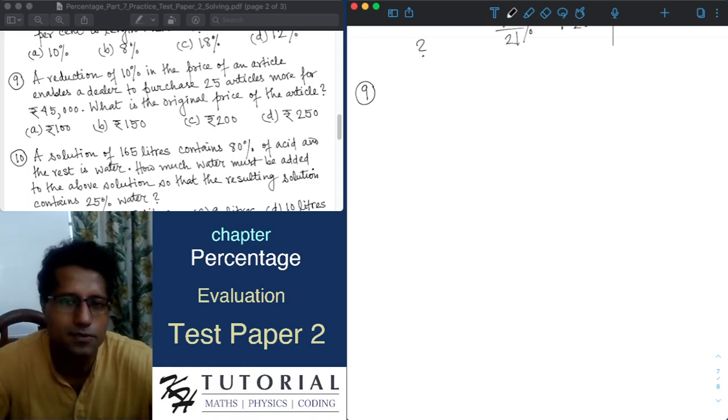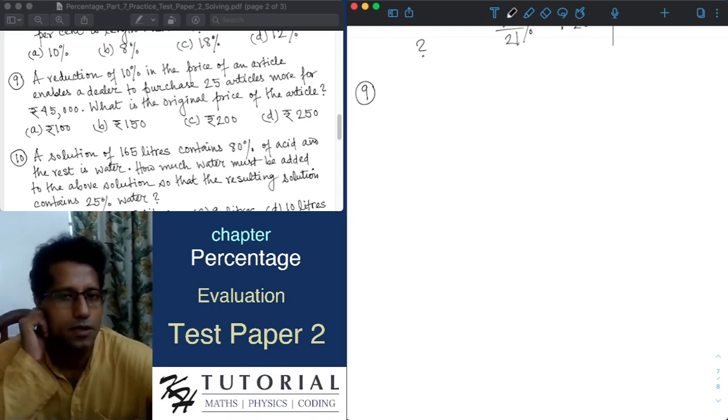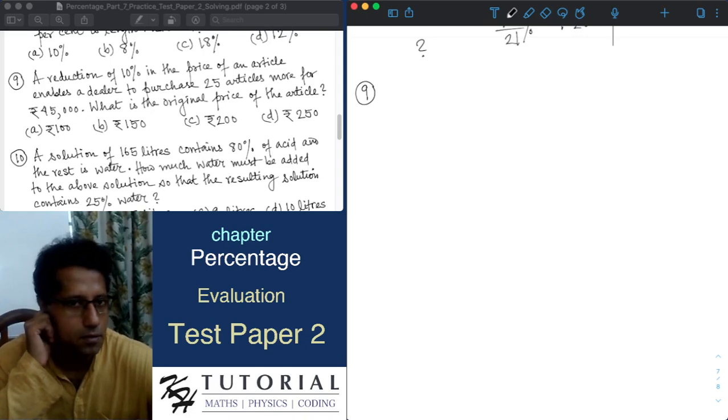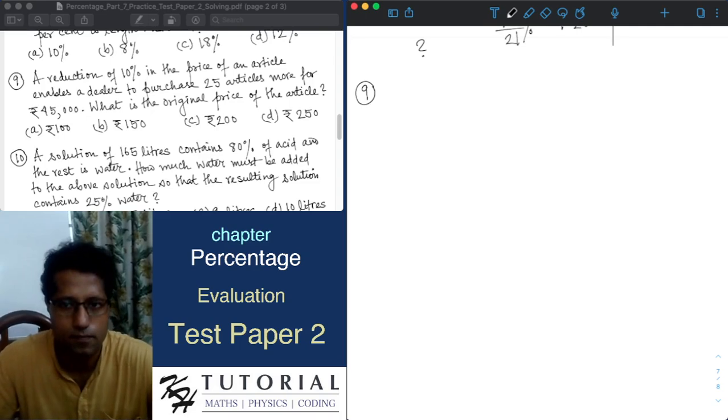So the dealer is buying 25 articles for 45,000, which means that the price of each article, after the price has been reduced, will be 45,000 divided by 25.